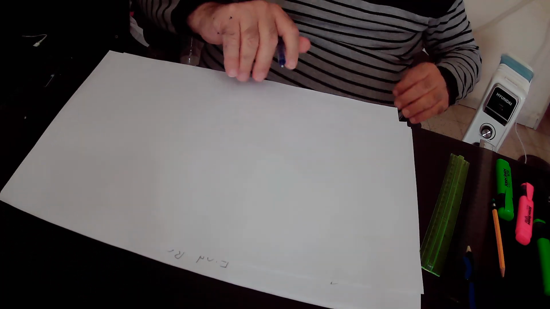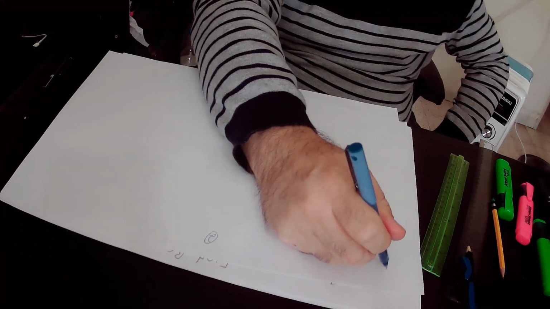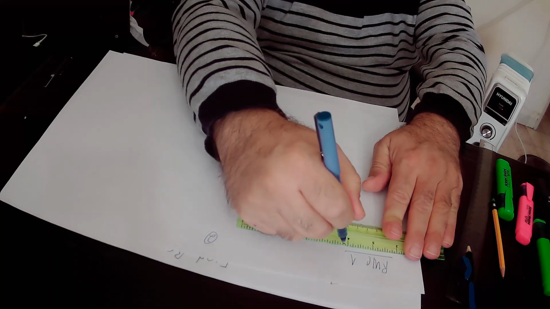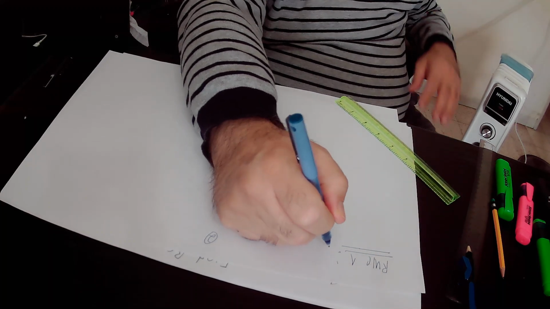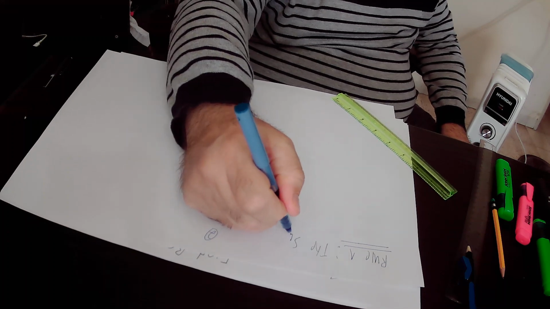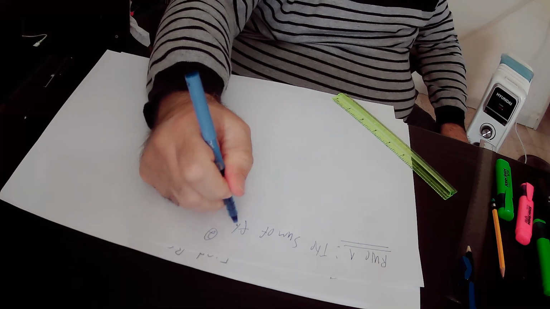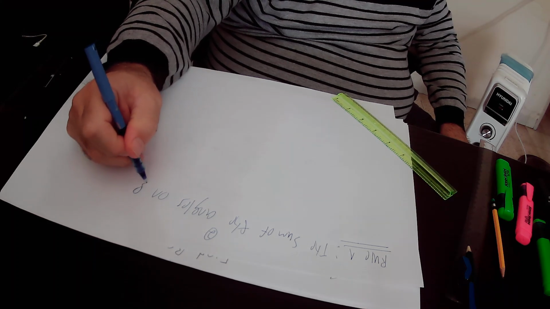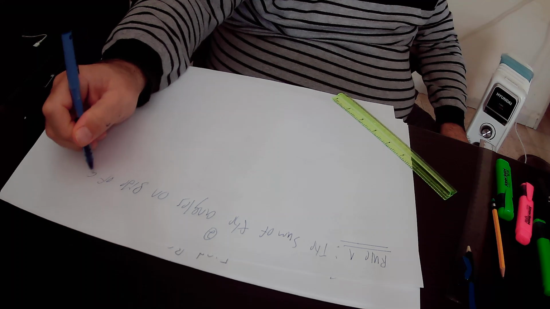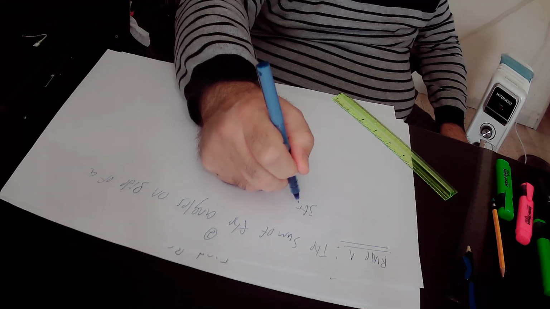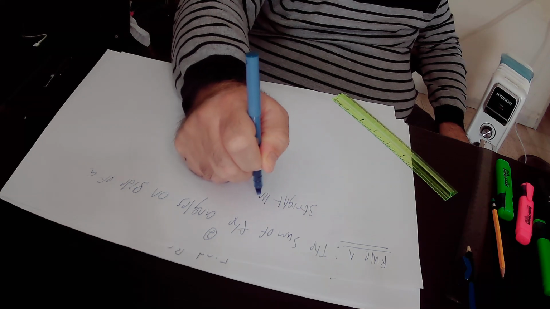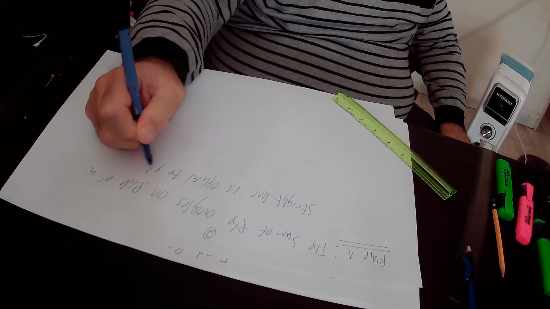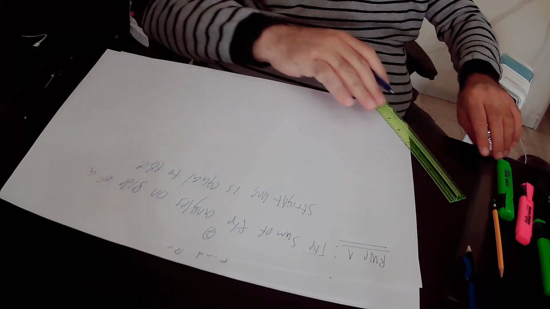According to the new rule, that is actually rule number 1: the sum of the angles on one side of a straight line is equal to 180 degrees. So I will explain the meaning of this rule.